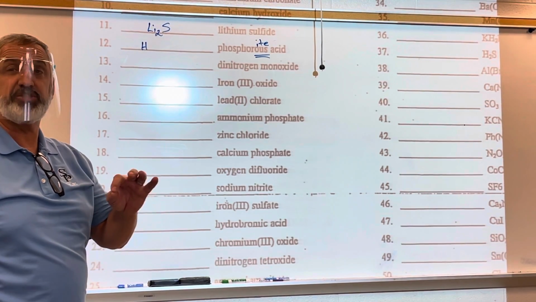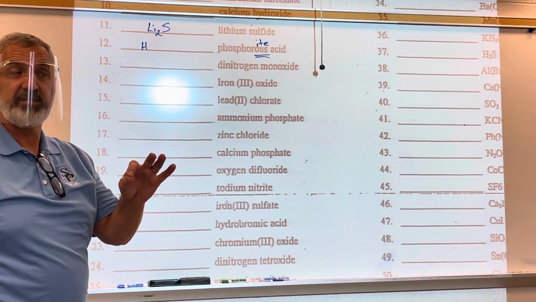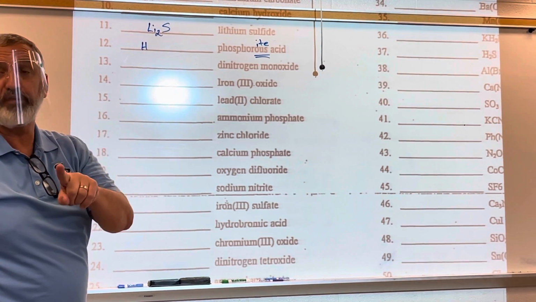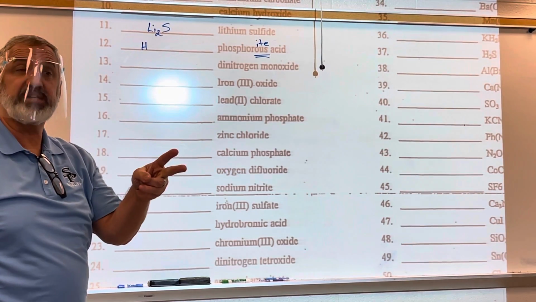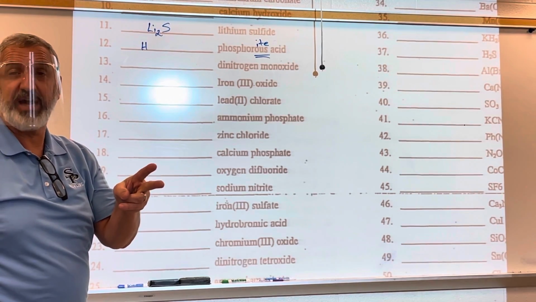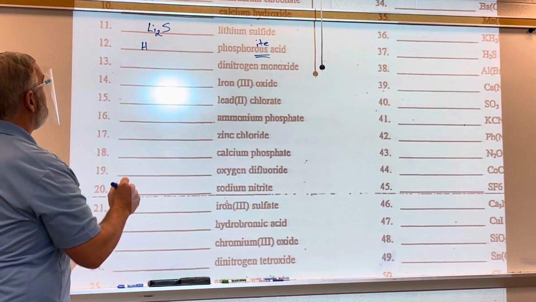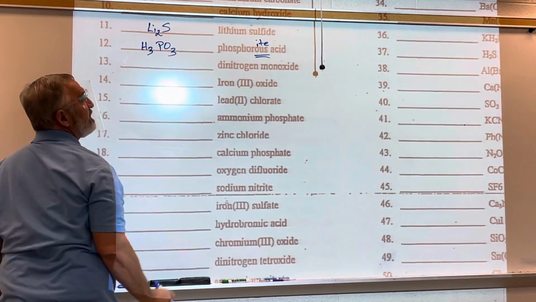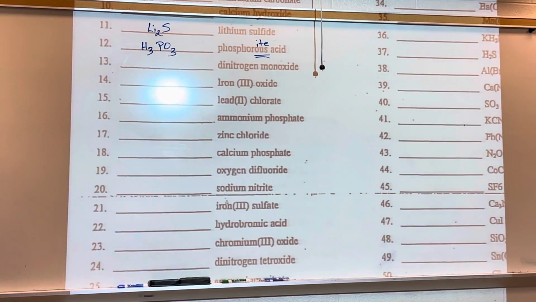And what's the relationship between the ite and the ate? One less oxygen, right? So phosphate's PO4 3-. Phosphite's going to be PO3 3-. So how many hydrogens should we have? 3. H3PO3. Okay? So if you know the ate, you know the ite.